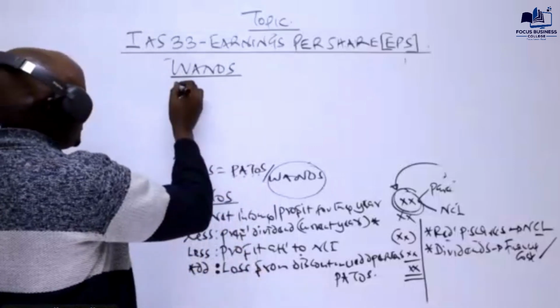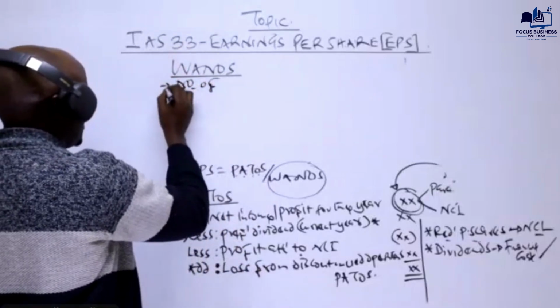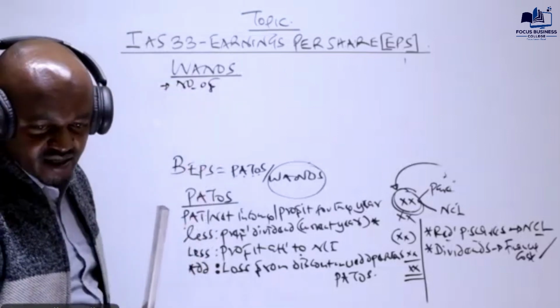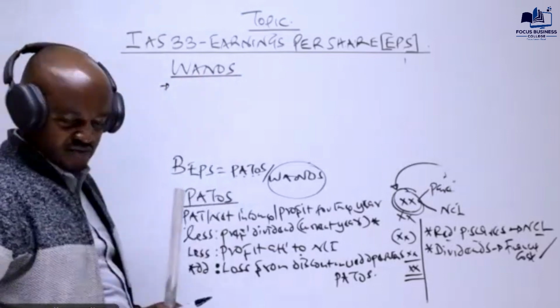So we compute this by taking the number of ordinary shares, or in other terms, you can just refer to this as the balance brought down.